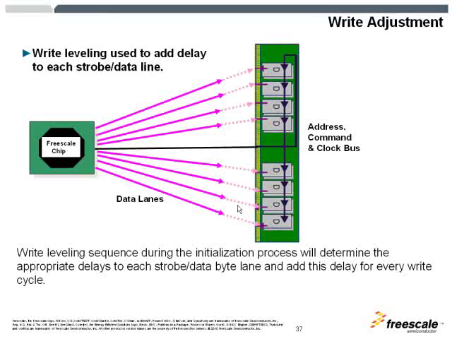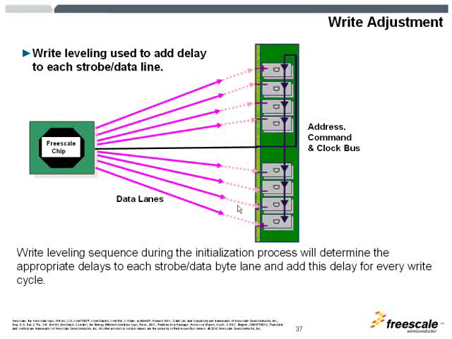So what happens here is, during initialization, the memory controller figures out what these delays are and sends each byte lane at a different time, with the needed delay to compensate for the flyby skews introduced.